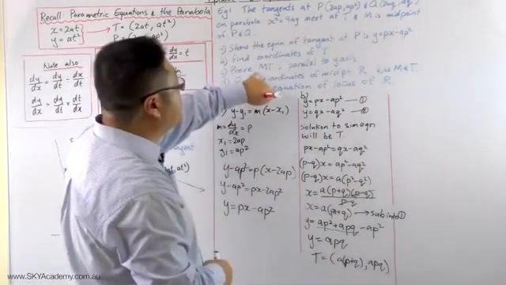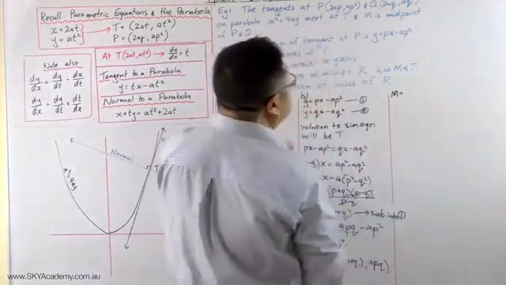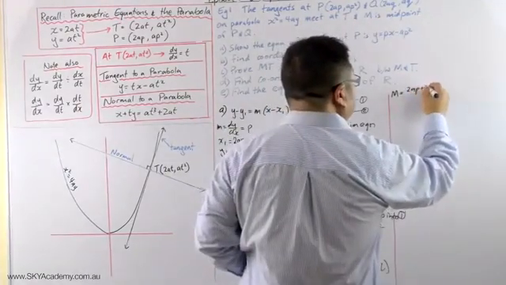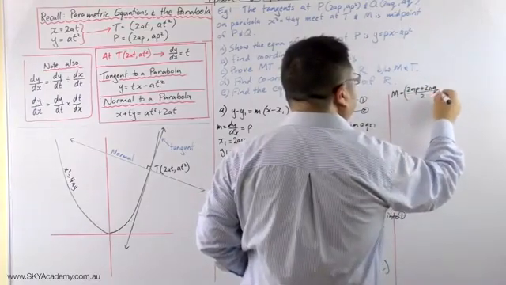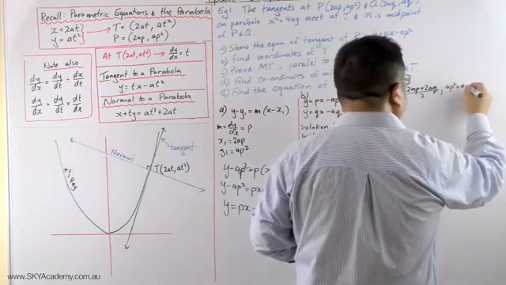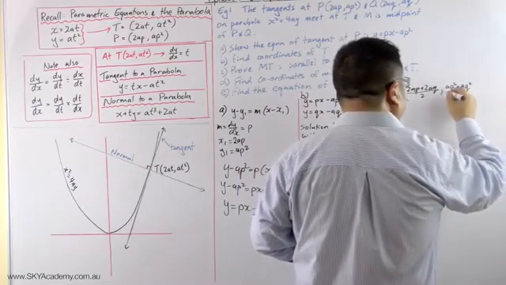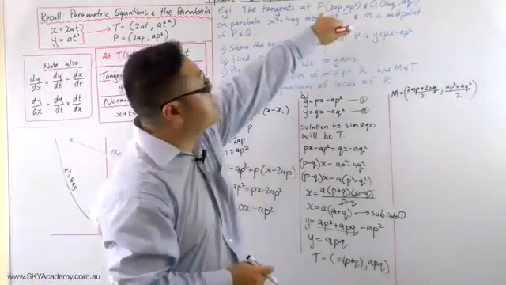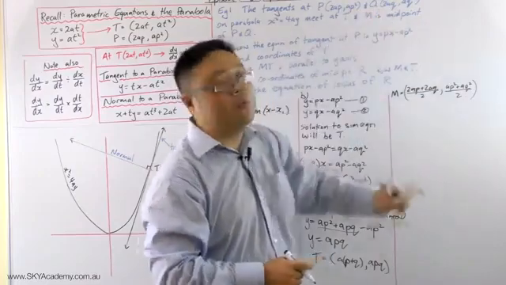What we're going to do now is work out the coordinates of M. So M is equal to that plus that over 2, 2ap plus 2aq over 2, and also ap squared plus aq squared on 2. We've used the midpoint formula to do that: the sum of the x coordinates divided by 2, the sum of the y coordinates divided by 2.